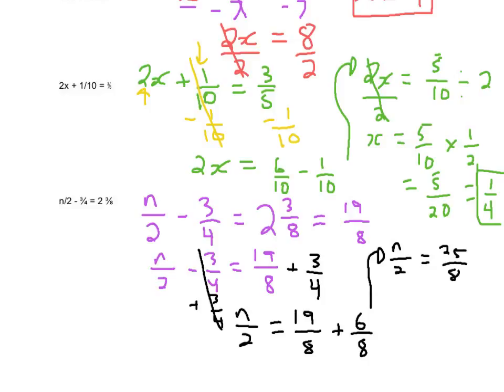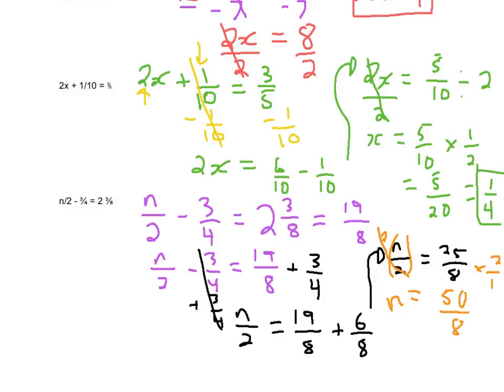Now remember, n was being divided by 2, so we're going to multiply both sides by 2. That cancels there, so n is equal to 25 times 2, which is 50 over 8.